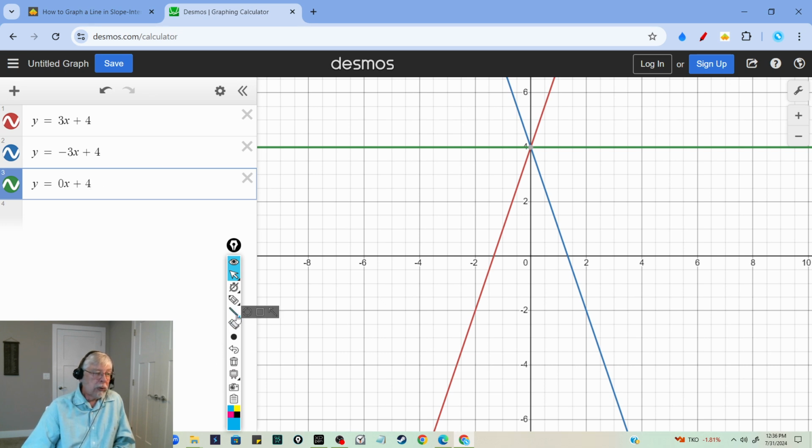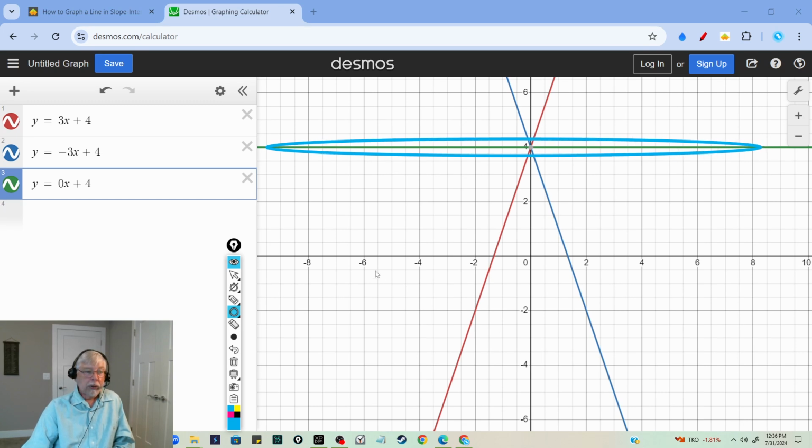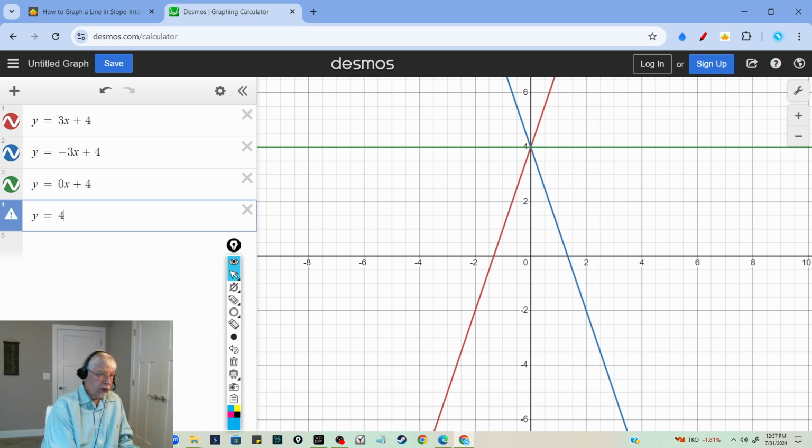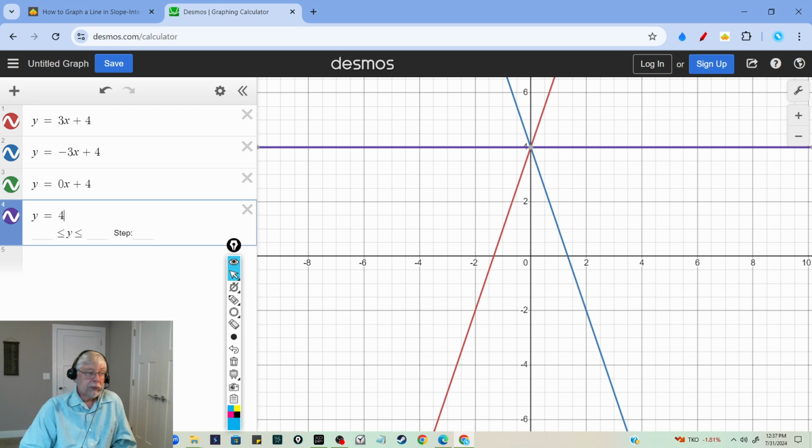If it's zero slope, you have that horizontal line. It's pretty easy. Now, I could also write this. 0 times x is just 0, right? So I could also just say y is equal to 4, and you see it's the same line.